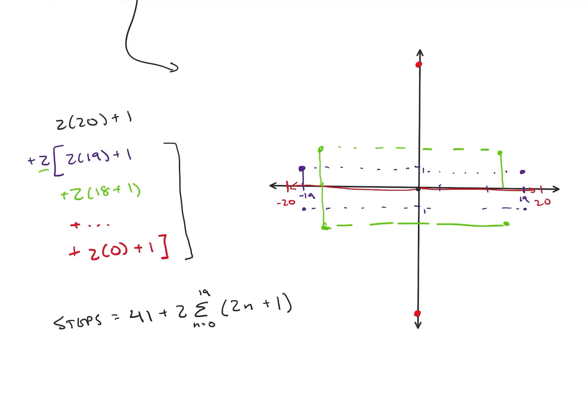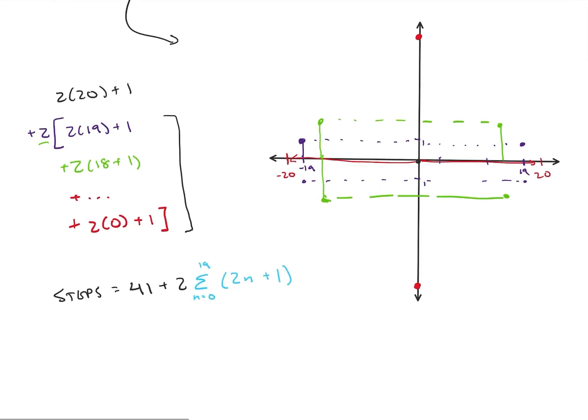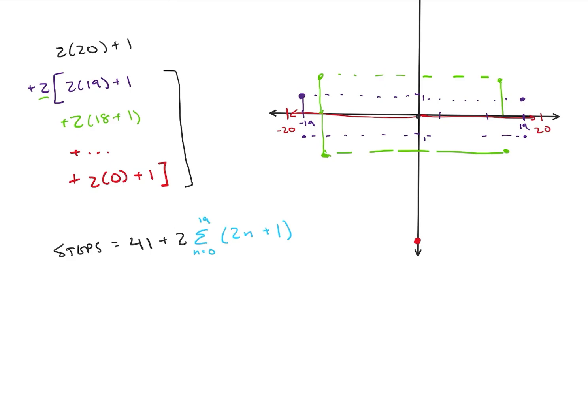Let's take a step back and look at the summation to figure out what it is: the sum from n equals 0 to 19 of 2n plus 1. First, I'm just adding plus 1, and I'm doing that 20 times.